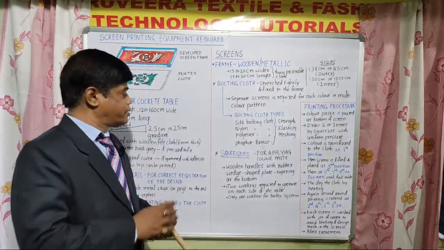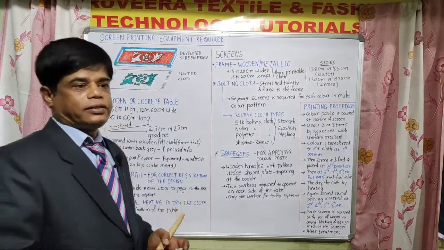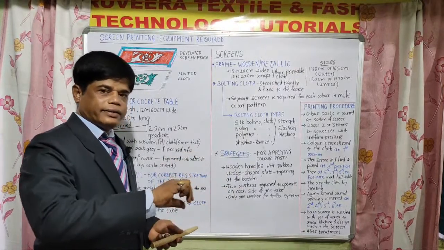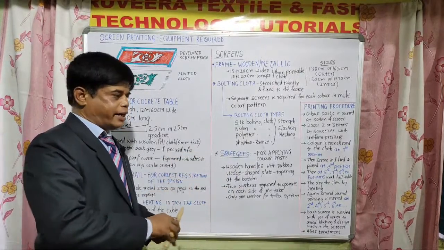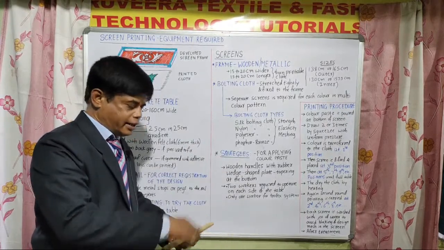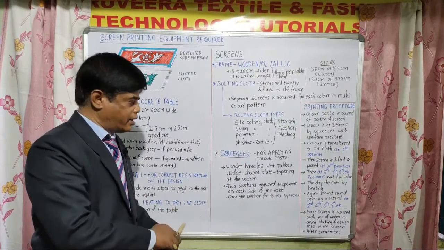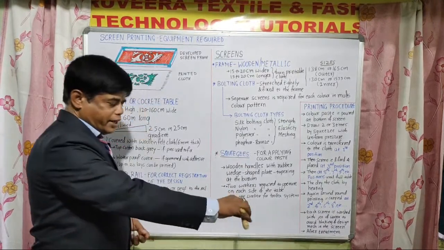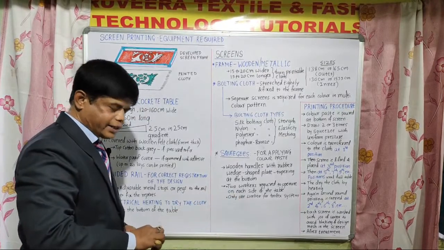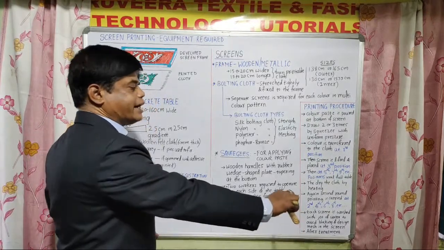Next, what about the squeegees? Friends, on the screen, whatever color paste is added, after the screen is placed on the printable cloth and color is added at the bottom level of the design, then by holding a piece of equipment, the color is taken to that side.